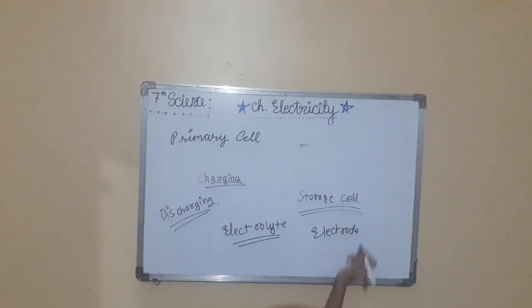It is made of plates of lead oxide and spongy lead. These batteries are also known as lead accumulators or storage batteries. Uses: this type of battery is used in cars, trucks and inverters.